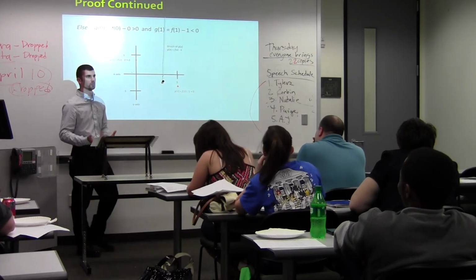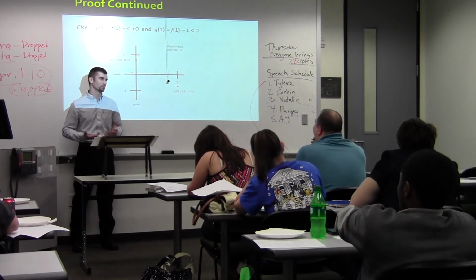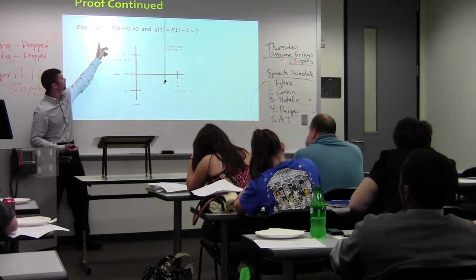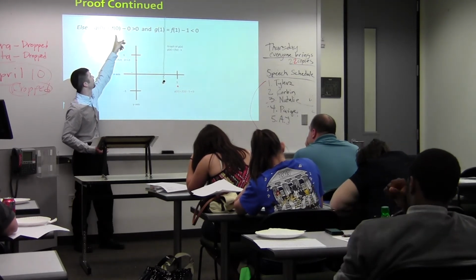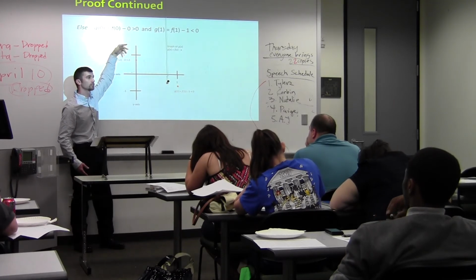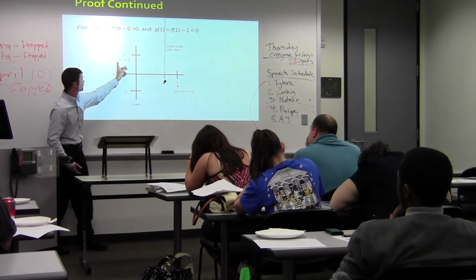So now we apply the intermediate value theorem. What that says is that if we plug in 0, f of 0 is going to be larger than 0. It'll be something that we plugged in, and it's going to come out with an answer above that. So our answer is going to be greater than 0.